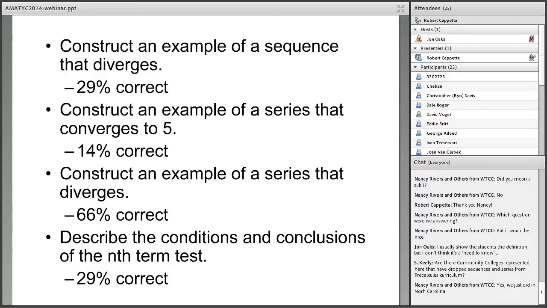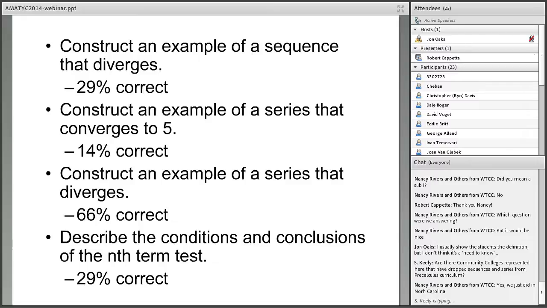And the great majority of them used the harmonic series, the sum of 1 over n. That was memorized. And then describe the conditions and conclusions of the nth term test, one of our most important ones. Only 29% could do that. So clearly there are issues that we're seeing in Calc 2.